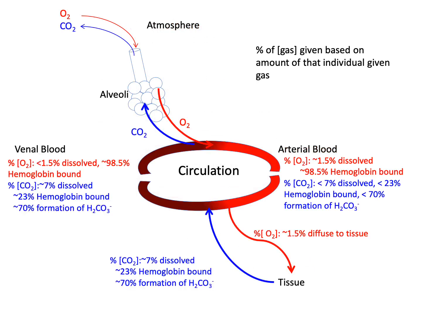And so if we look at the circulation, not just on the partial pressure, but based off of the saturation points, notice 1.5% of oxygen is found dissolved, 98.5% is found bound, and it doesn't change that much. 7% of carbon dioxide is found dissolved, 23% is found bound, 70% is found in the bicarbonate shuffle in between HCO3 negative and H2CO3. The only parts that are being exchanged are the dissolved parts.